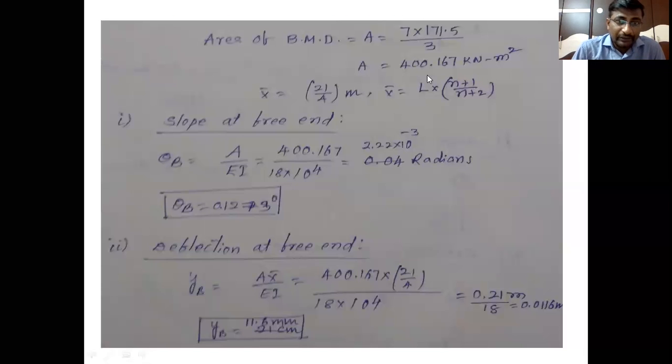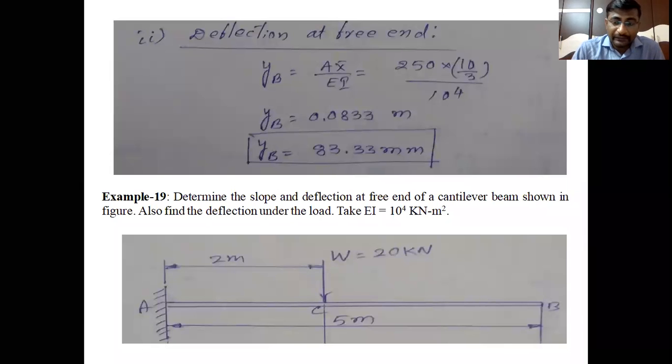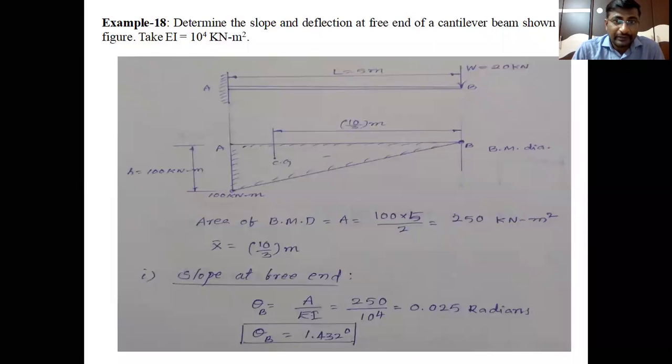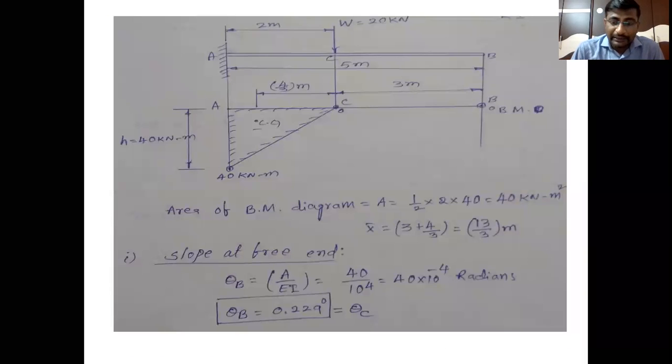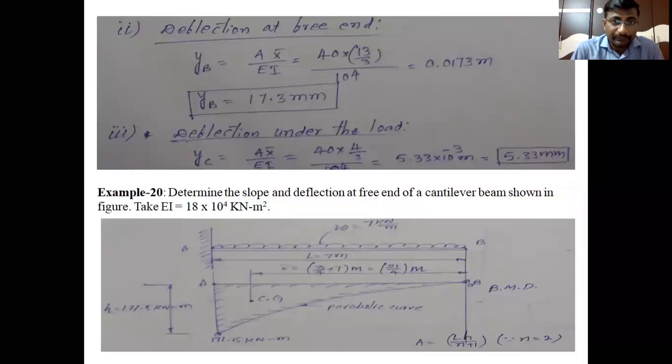Like this, you have to find the slope and deflections at different points by using the bending moment diagram, area and center of gravity from the apex. So these are the three problems we discussed in this class: a cantilever with a point load at the free end, a cantilever with a point load acting eccentrically, and a cantilever with a UDL.